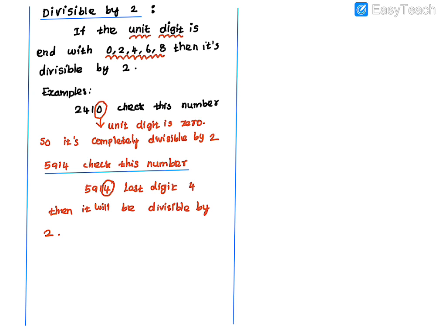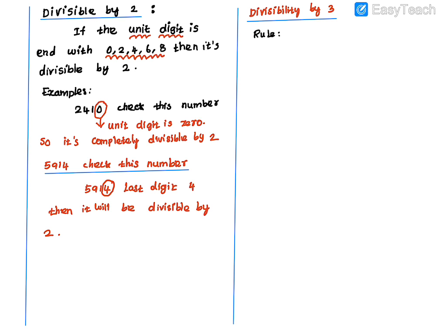Next we will move to the next divisibility pattern: divisibility by 3. I will write here divisibility by 3. So what is the divisibility rule for 3?